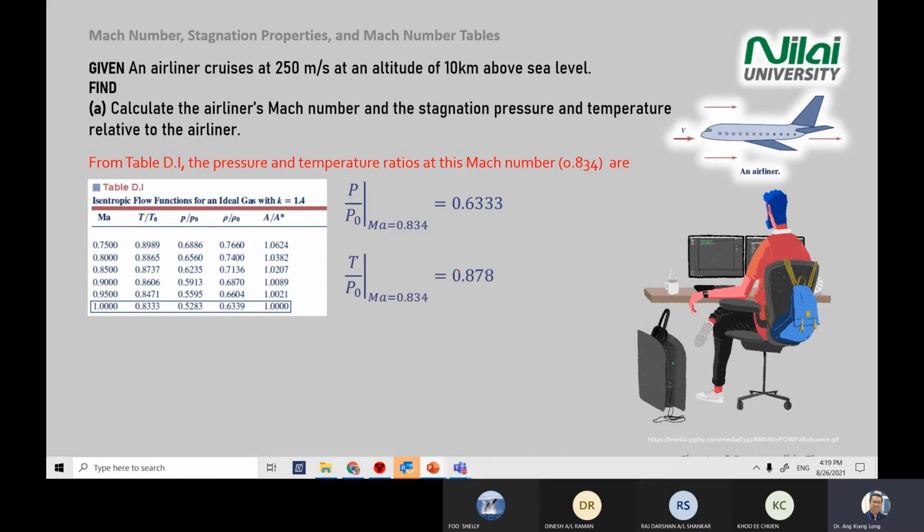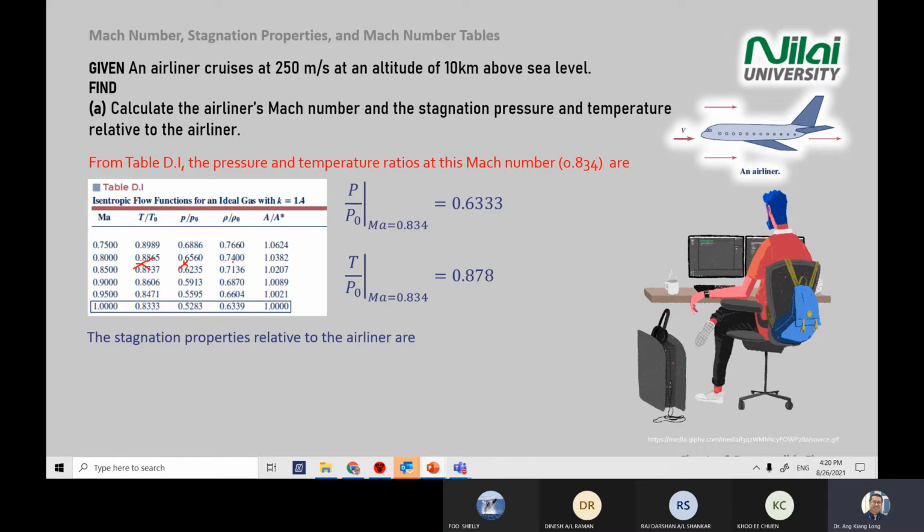Then you do the same for temperature. After you do interpolation between these two numbers, 0.88 and 0.87, you get about 0.878. Because the question only asks you to calculate pressure and temperature, you only look at temperature and pressure.